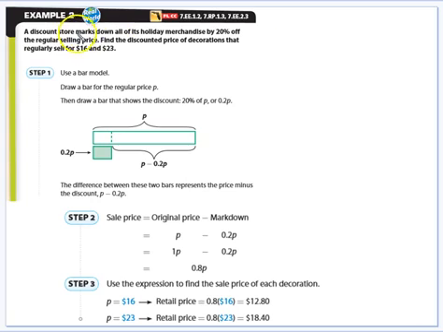So, a discount store marks down all of its holiday merchandise by 20% off the regular selling price. Find the discounted price of decorations that regularly sell for $16 and $23. So, at this point, we have the original selling price, X, 20% off. We're going to subtract 0.2X from it.